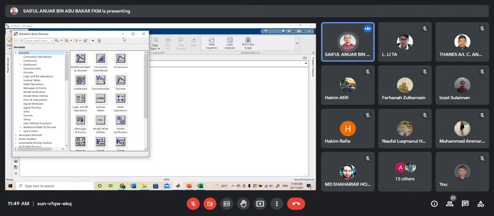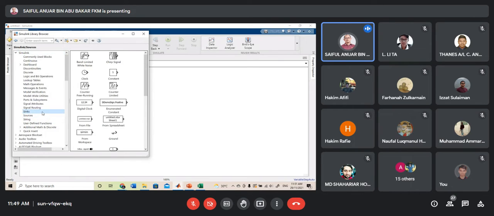For the quarter car, half car and full car models, we are already clear: the input is going to be the road input, and the output is going to be the motions of the sprung mass and unsprung mass. We're going to start with the most general equations first, equation number one and equation number two, which are the equations for the sprung mass and the unsprung mass.